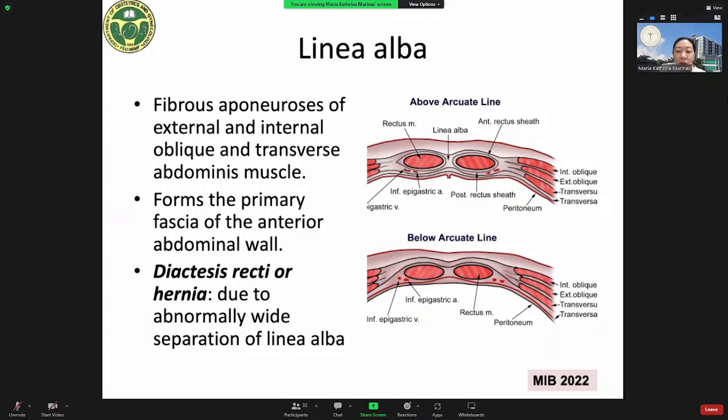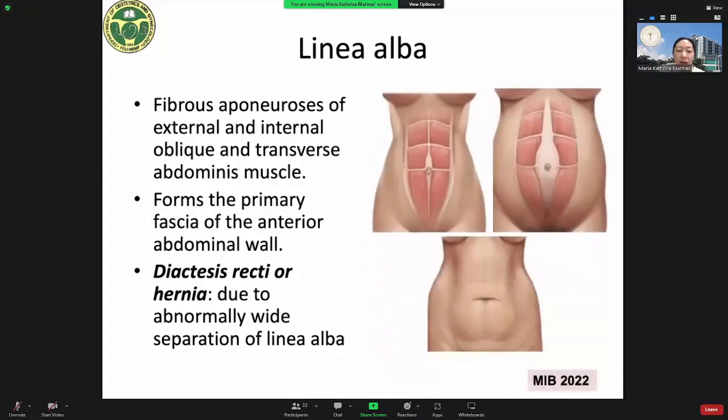They fuse in the midline, which is what we call the linea alba. A wide separation of the linea alba is caused by diastasis recti or a ventral hernia, so you would expect a bulge at the anterior abdominal wall around this area.